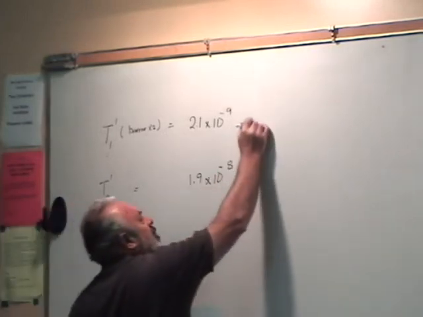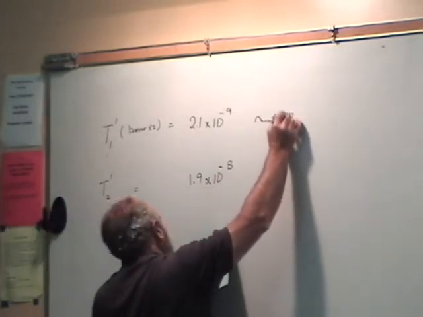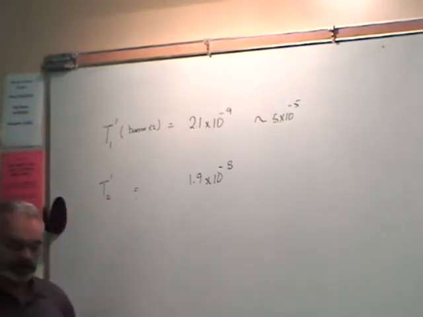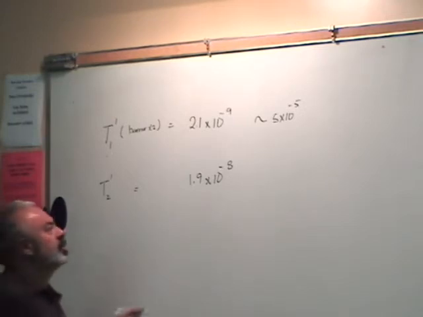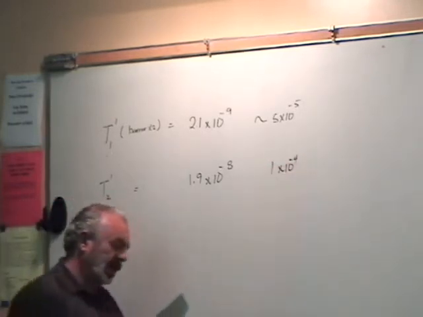This, by the way, says this is about 5 times 10 to the minus 5 less likely. And this is about 1 times 10 to the minus 4 less likely to happen.